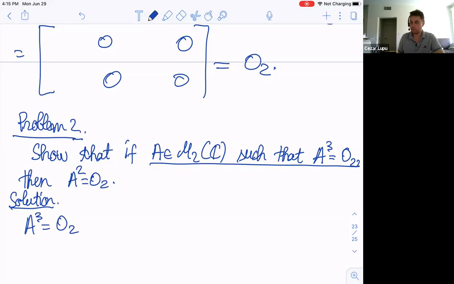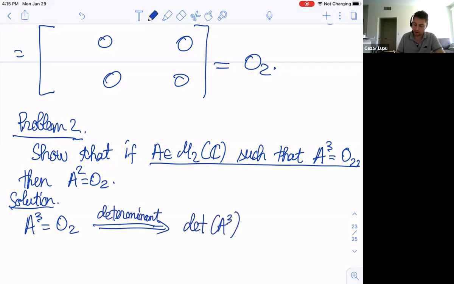One thing to do here is just to take the determinant. So by applying the determinant, we have that the determinant of A cubed is nothing else than the determinant of O2. But the determinant of the null matrix is 0. That's obvious to see.